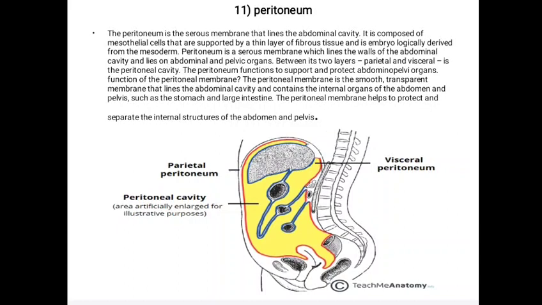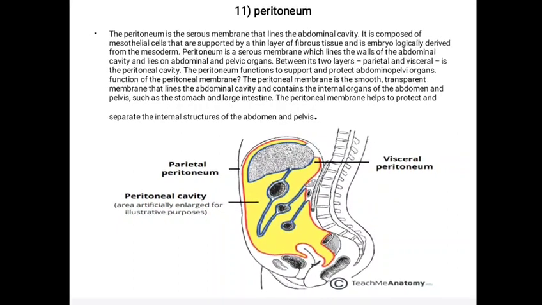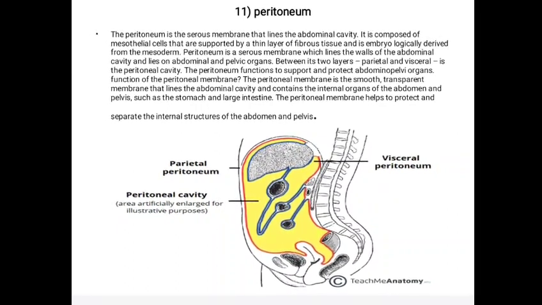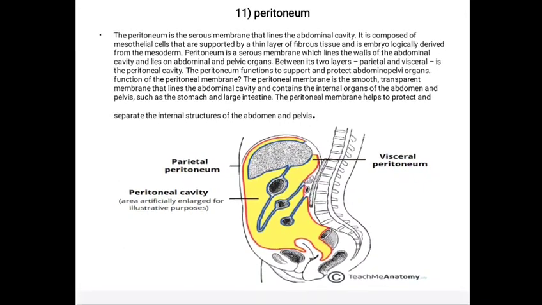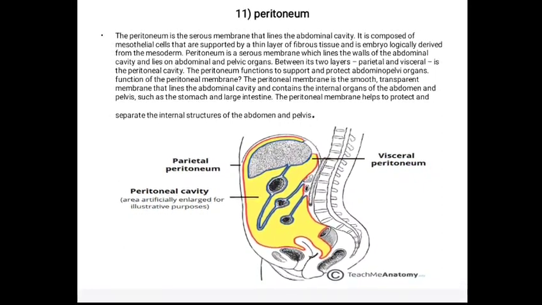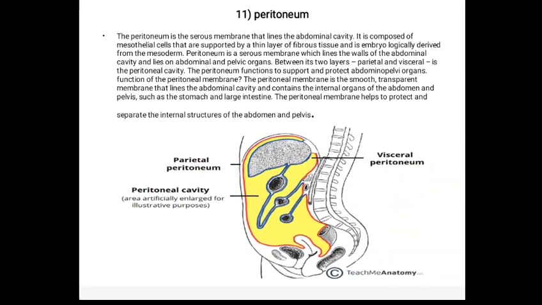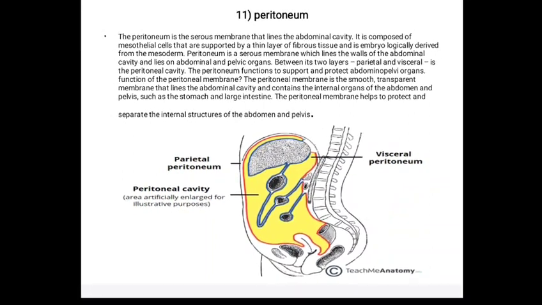The peritoneal membrane helps to protect and separate the internal structures of the abdomen and pelvis. Here diagram is also there. You have to draw the diagram.